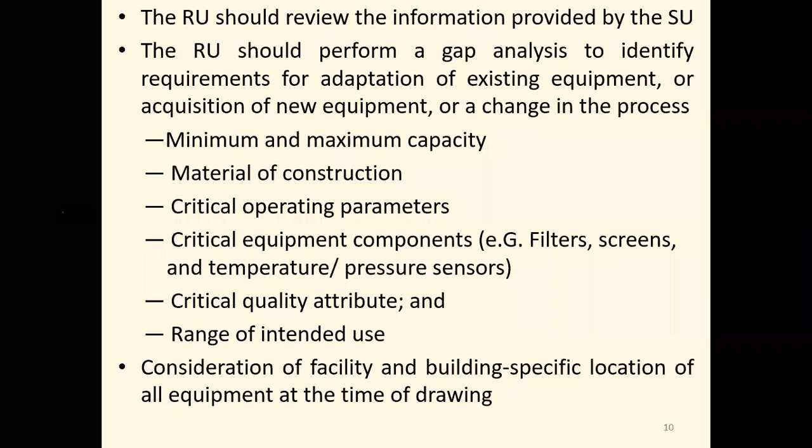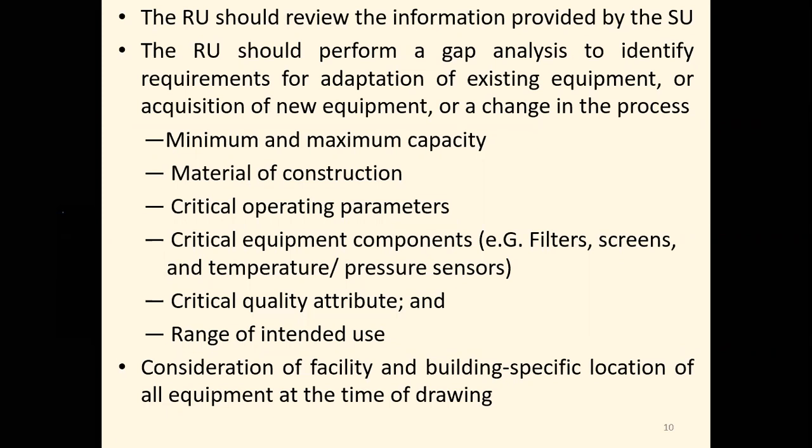Then some factors we have to compare are the minimum and maximum capacity for that particular equipment, then materials of construction, maybe SS or other standard materials are required. Then critical operating parameters they have to consider. Then critical equipment components like the filters, screens, temperature and pressure sensors, all related to equipment, they have to check.